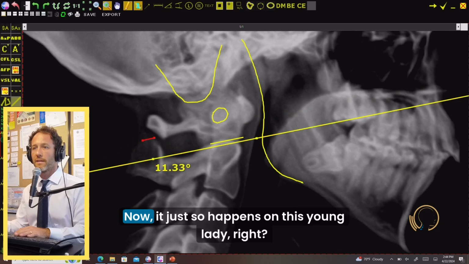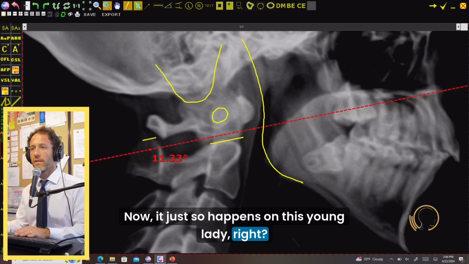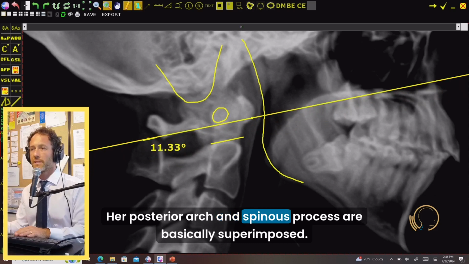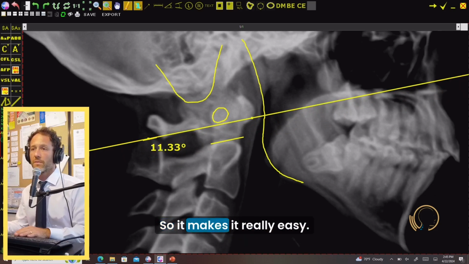It just so happens on this young lady that her posterior arch and spinous process are basically superimposed, so it makes it really easy.